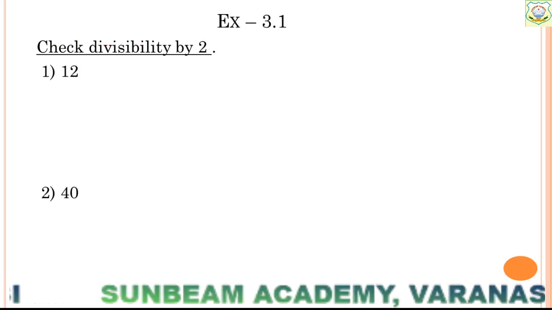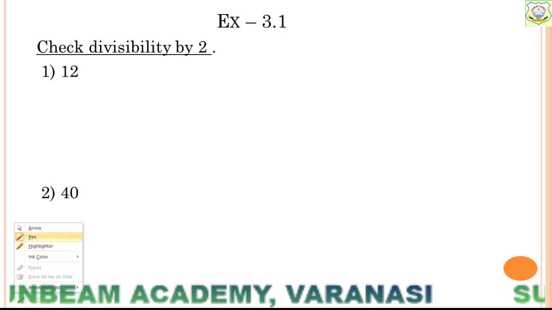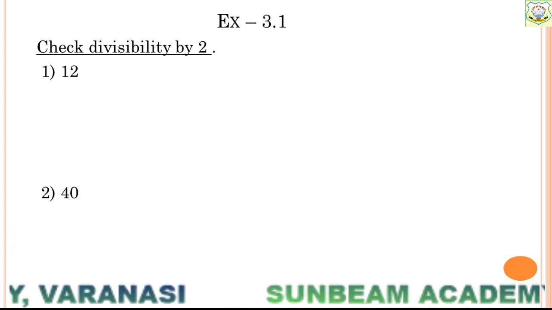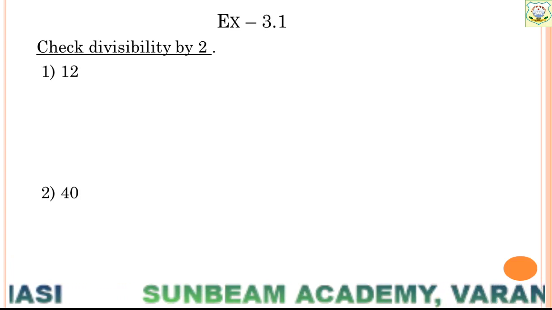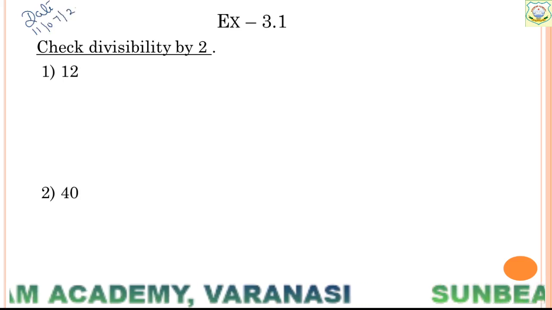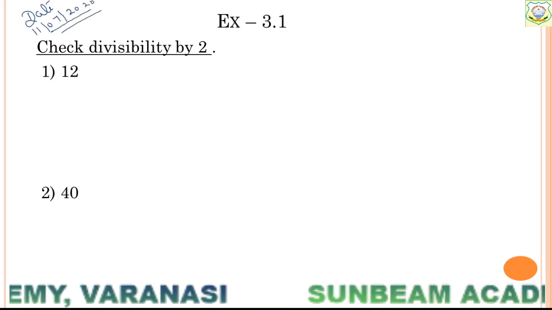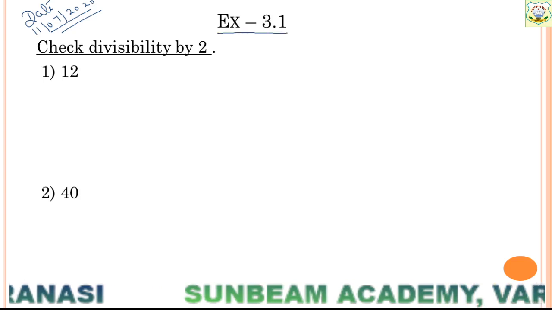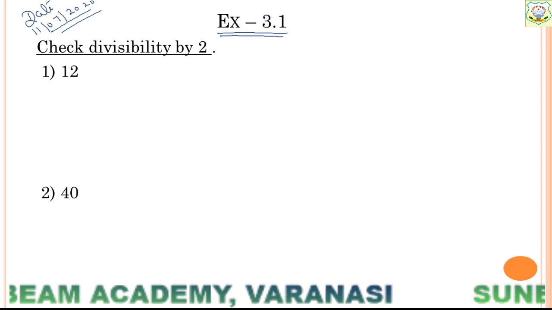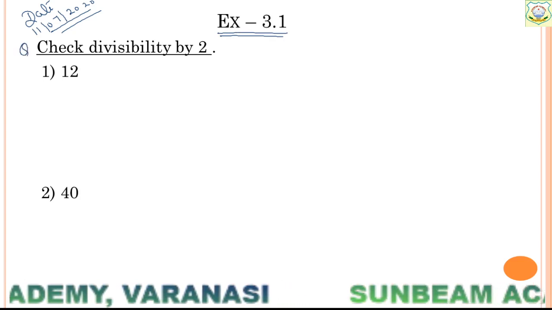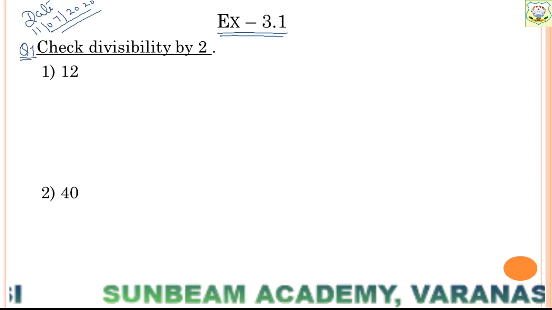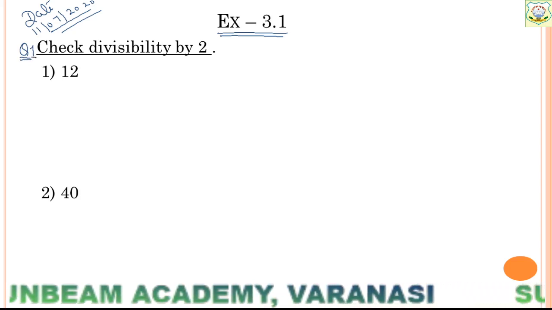First of all, write down the date. It's 11, right? Put down the date and write the heading Exercise 3.1, and mention here Question 1. You have to do this in your notebook.